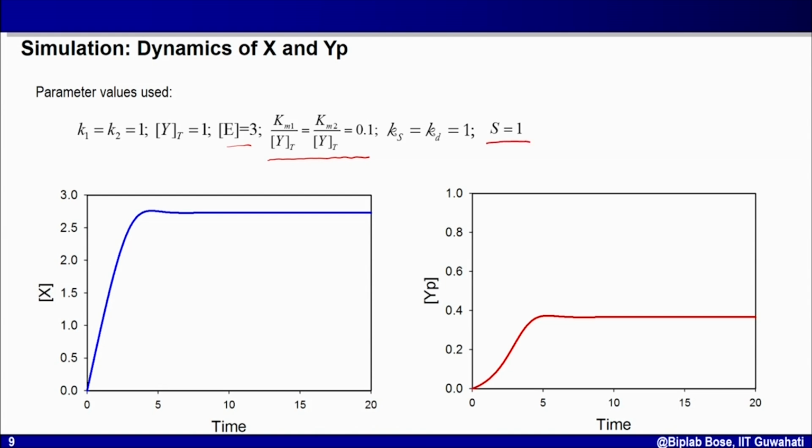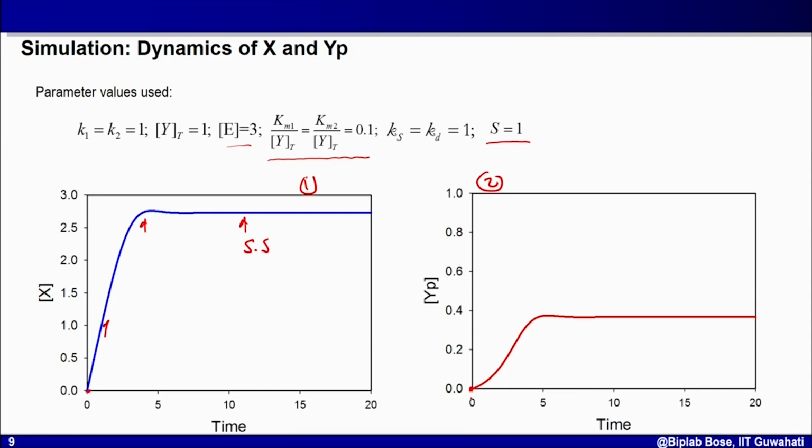If I use this parameter value and simulate using JSim, I get these two types of dynamics for X and YP. As I am starting with 0, 0, at time 0, X was 0, X increases. I have a slight hump here because if you remember the phase plane plot has some spiral tendency. So I have a hump here, and then eventually it reaches a steady state. Similarly, YP here starts from 0.